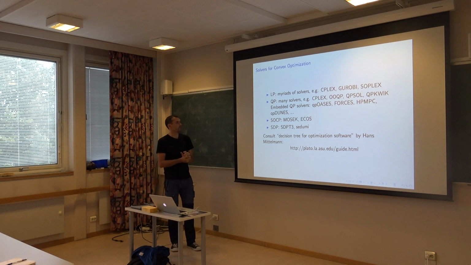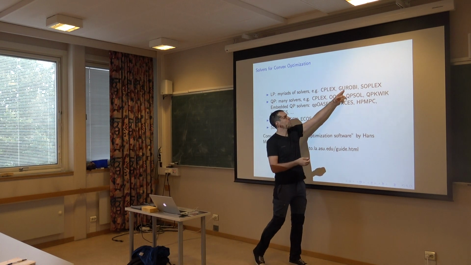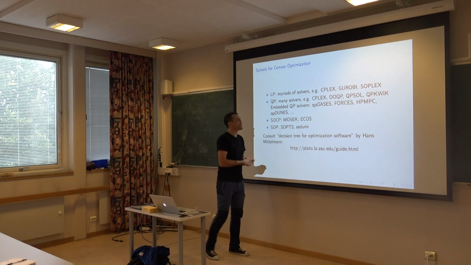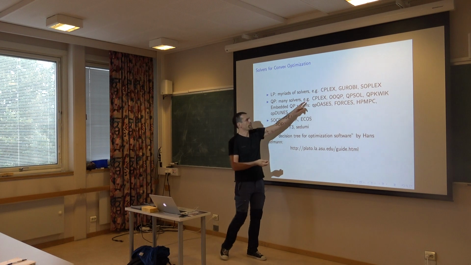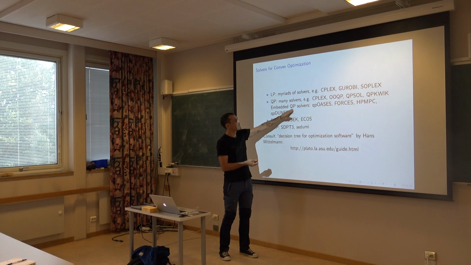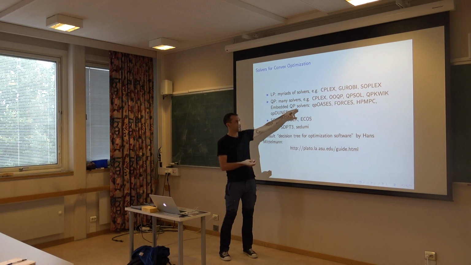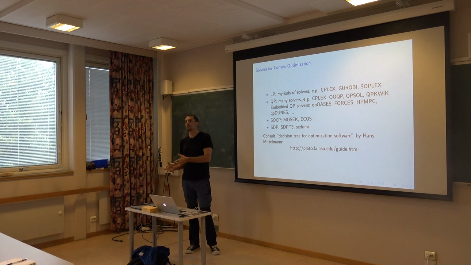Okay. Yeah, some solvers, there's a lot. So LPs, you have a number of solvers. Gurobi can also handle MILPs, if I'm not mistaken. QPs, you also have a lot of things. And what is maybe a bit more recent, you have a number of QP solvers that are designed to solve QPs arising from optimal control.